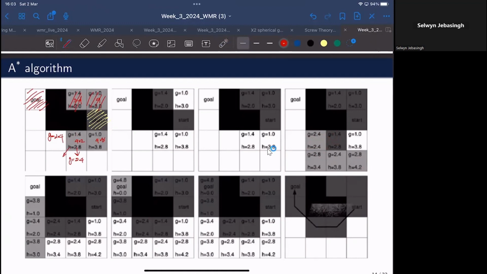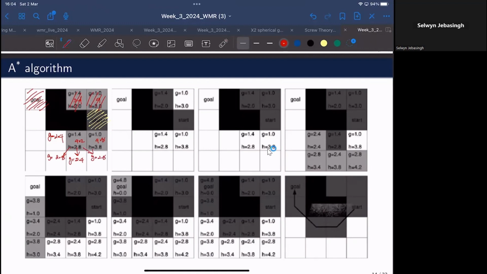So every movement lateral or longitudinal will add 1 to the path cost. If you're moving diagonally, it will add 1.4 to the path cost. So here g would be 1.4, which is already there. Adding one more 1.4, it will be 2.8. And here also g will be 2.8.